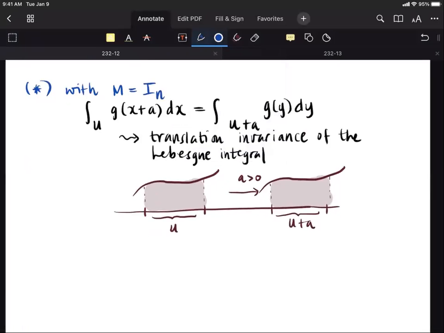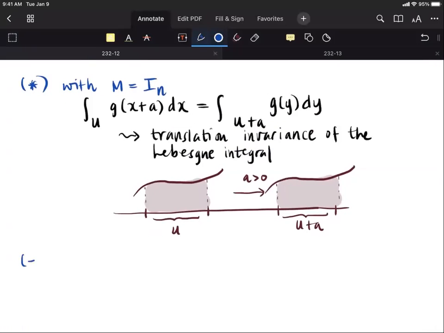Another special case is by taking (*) where M is some scalar alpha, where alpha is not equal to 0, and the translation vector to be 0.